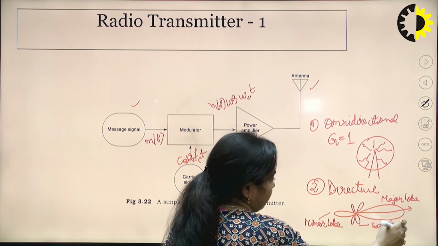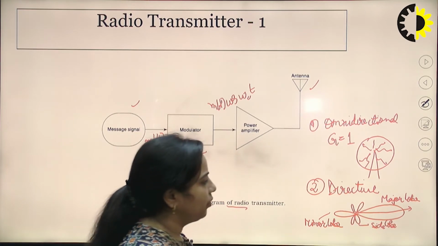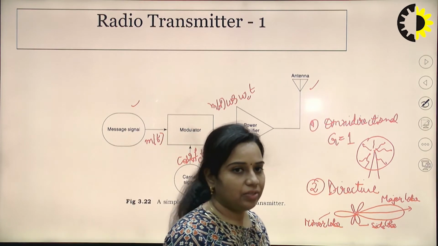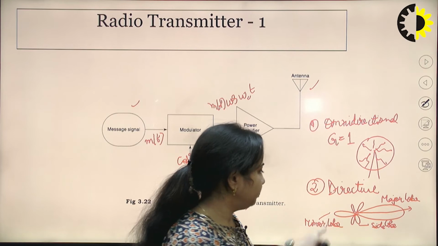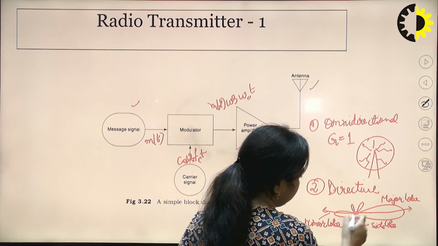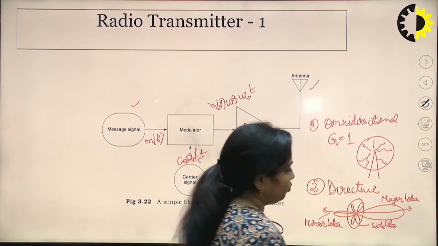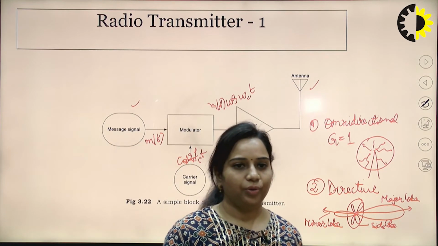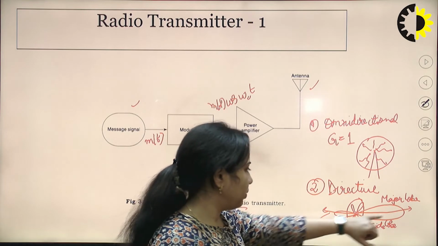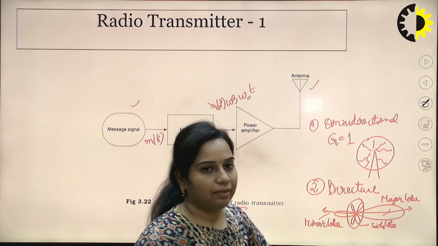So what is the advantage of using this directive antenna? Most of the energy is radiated in this direction and the least energy is radiated in the backward direction, and this energy is of no use. So if in some applications you want to direct the energy in only one direction, then you can use this directive antenna.